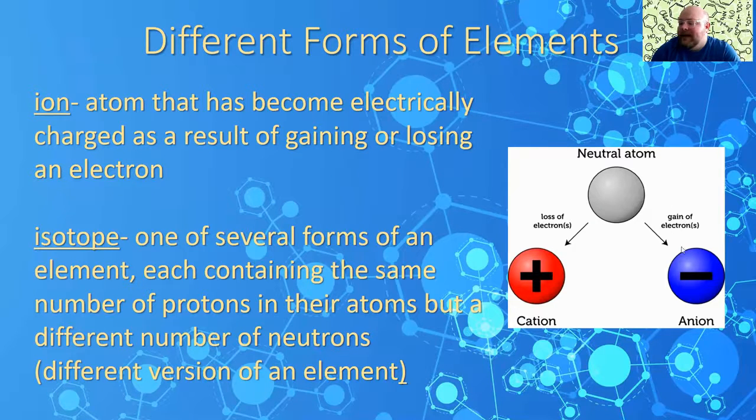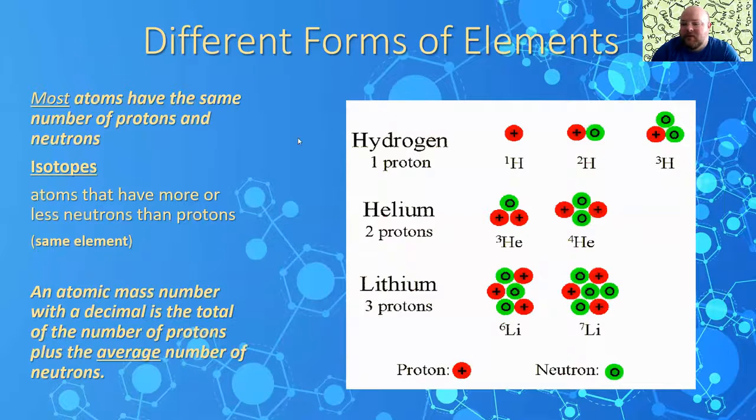Or if you gain an electron, so you're gaining some of those negative charges, overall, you're going to have more of a negative charge. So you're going to be an anion, a negative ion. Now, most atoms have the same number of protons and same number of neutrons, but sometimes these isotopes have less neutrons than they do protons, even though it's the same element.